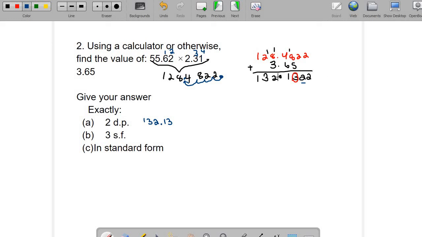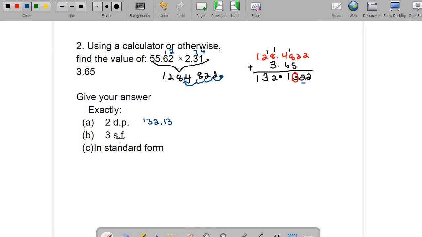Alright, so in this number we have a total of 7 significant figures. Why? Because all non-zero digits are significant. Okay, so non-zero means that it is not 0. So none of these digits here are 0. So all of them are non-zero digits. And all non-zero digits are significant.